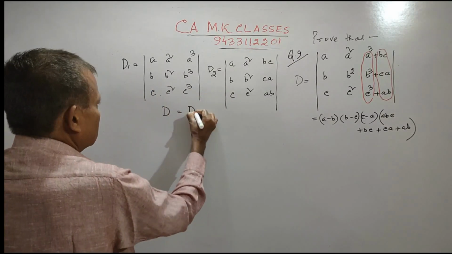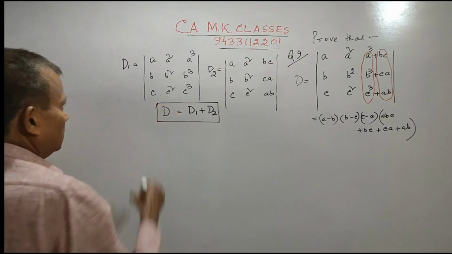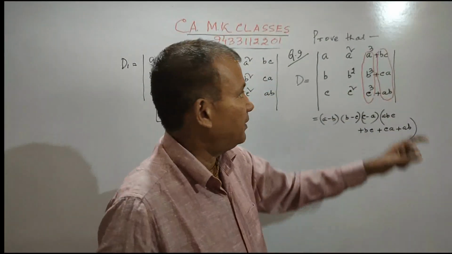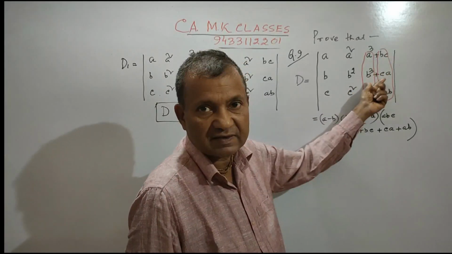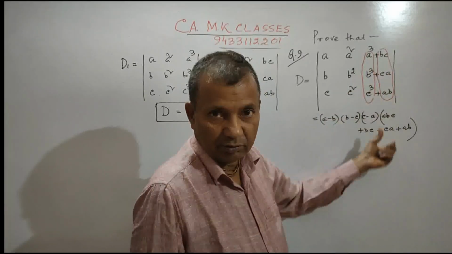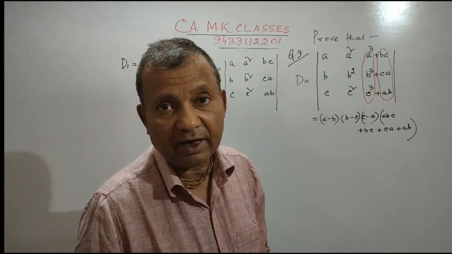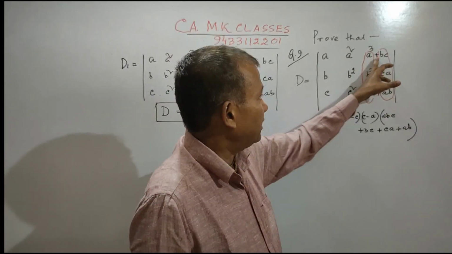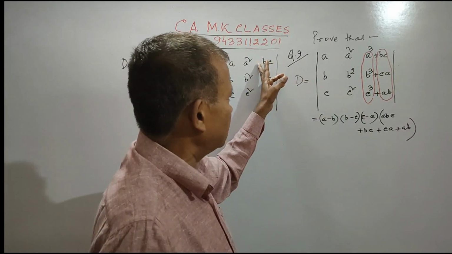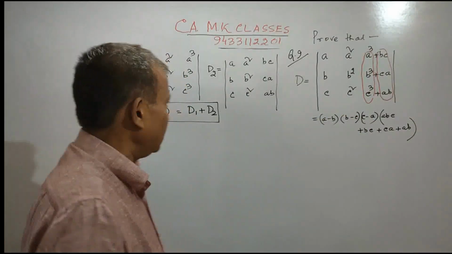So D is equal to D1 plus D2. Right? This is as per the property of the determinant. If a column is bifurcated with a plus or minus, then it can be expressed, we can convert it into two determinants. If this is minus then this will be minus, if this is plus then this will be plus. Right? In this way we can apply the property of determinant.